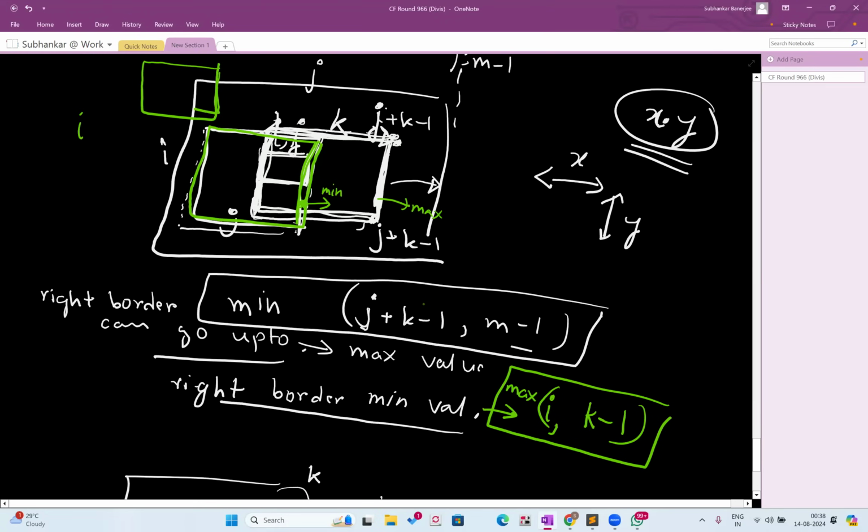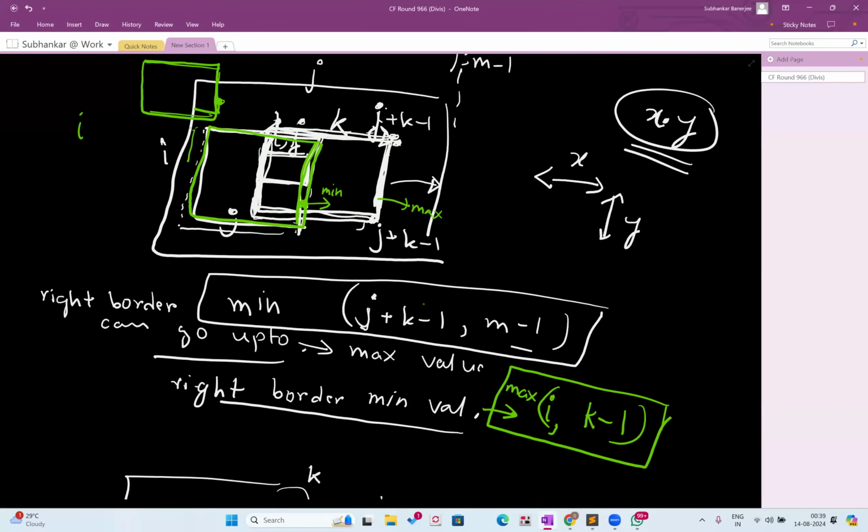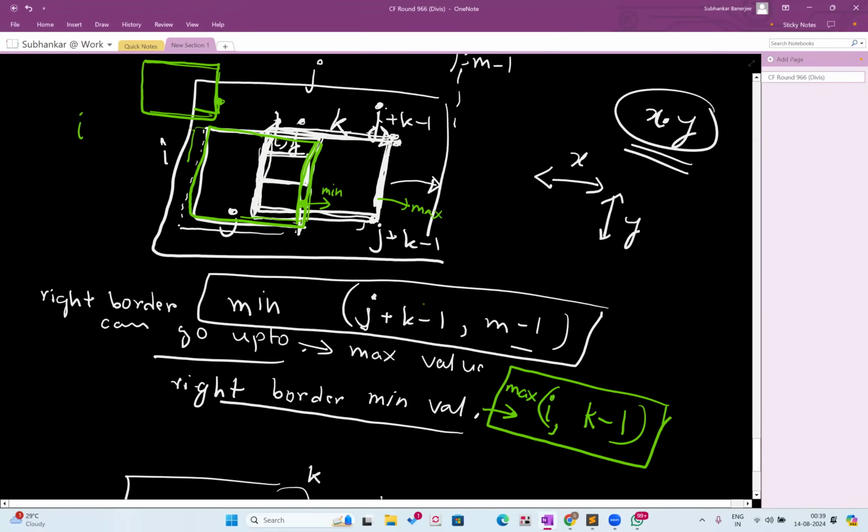If the right border is here at 1, then this is not a possible subsquare. The right border should be at least k minus 1, because we are starting from 0 and it has length k. But it has to be at least i as well, because if it's less than i, suppose somewhere here, then this is also not lying in (i, j).